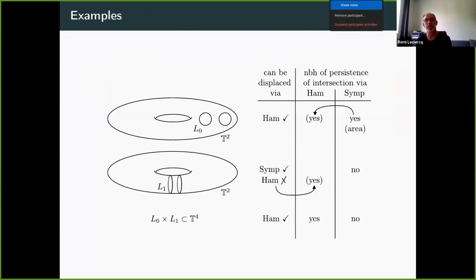Can you describe the easiest class of examples where you do not know whether you have this persistence of intersection or whether you can disjointly pack any neighborhood?